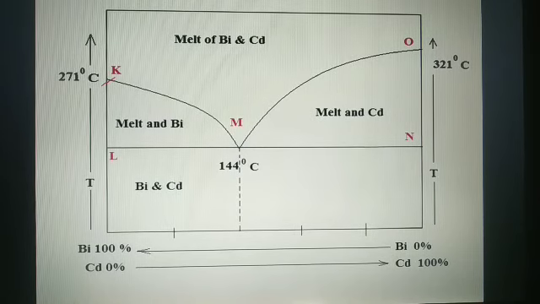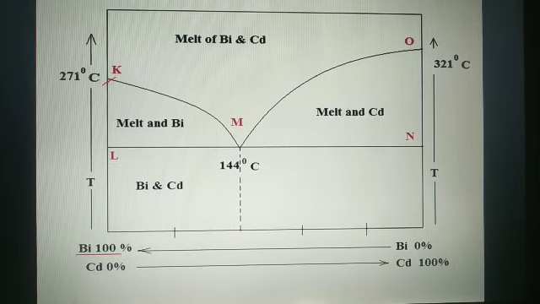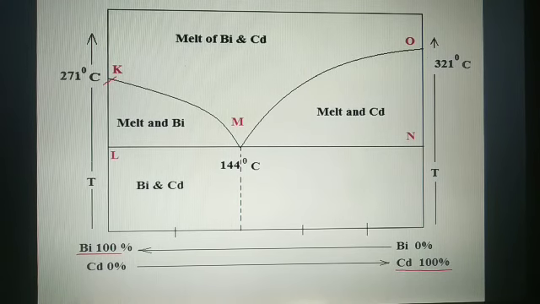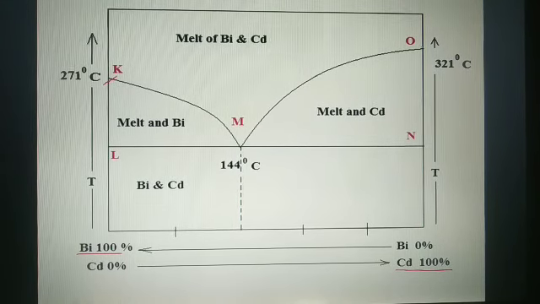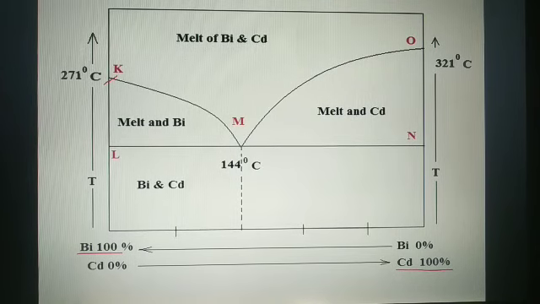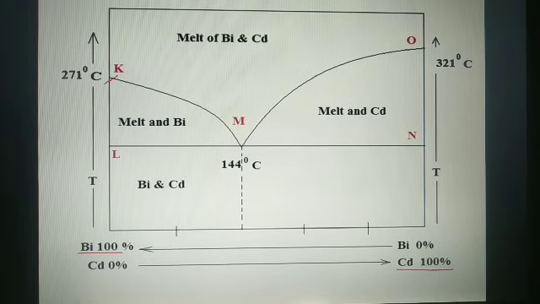See here at the bottom, bismuth is 100%. So this is the bismuth line. Here cadmium is 100%, and the melting point of cadmium is 321 degrees Celsius. Both have a eutectic point at 144 degrees Celsius.